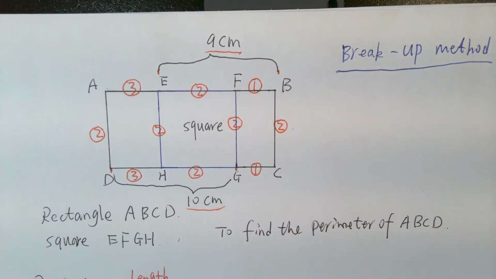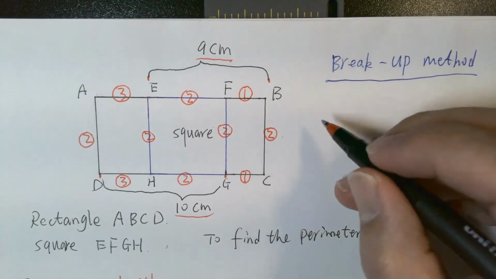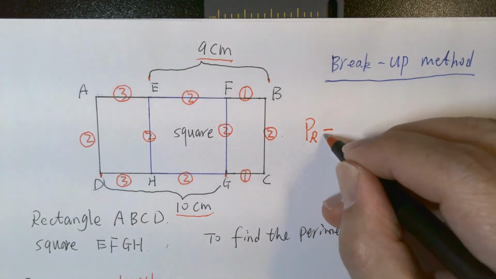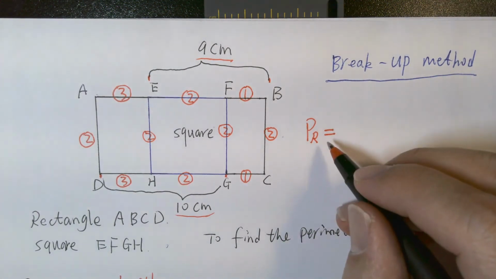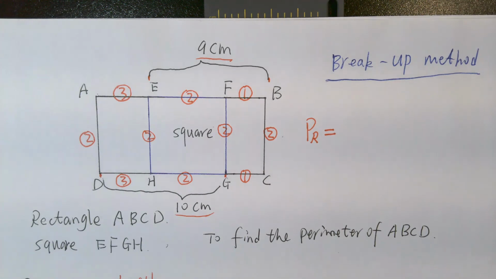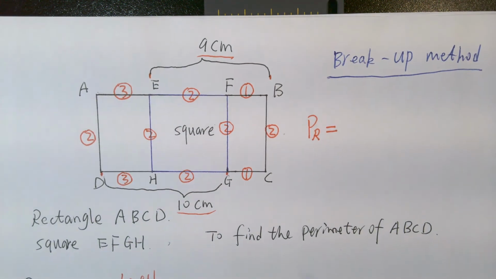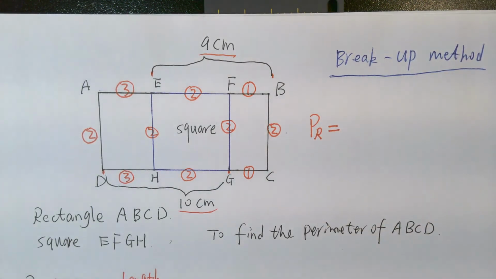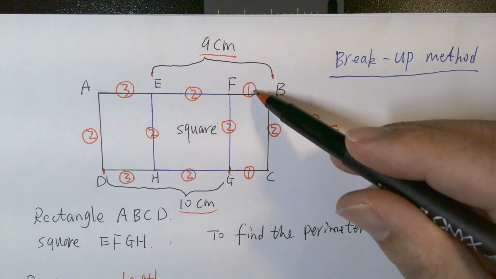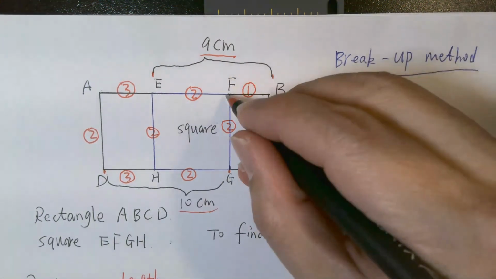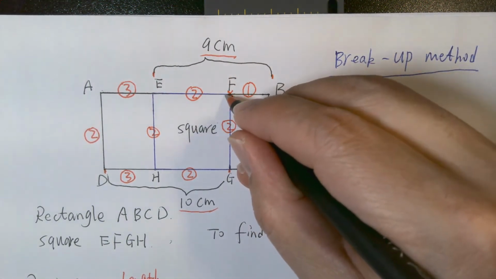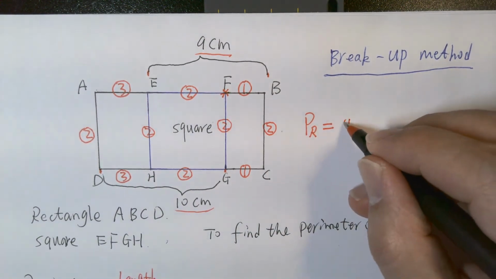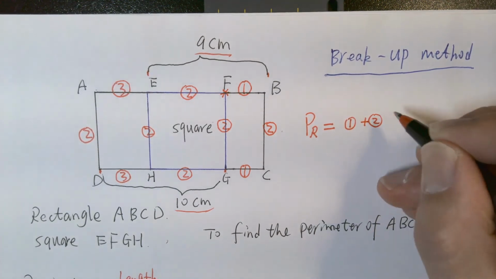Now, if you look at this, the perimeter of the big rectangle ABCD becomes the sum of all those small length units. Let's write it. So start from F here. Let's put a marker so we know we started from there. Okay, so that will be 1 plus 2.